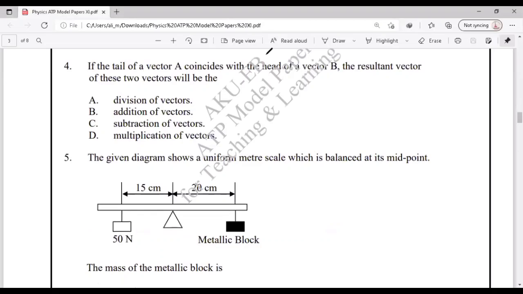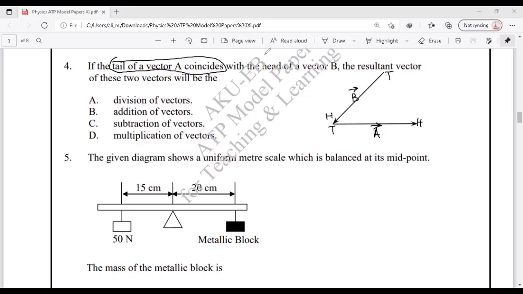Let's come to our question number 4. The tail of a vector A coincides with the head of vector B. The resultant vector of these two vectors will be, so here we have our two vectors A and B. According to the given question, the tail of first vector A coincides with the head of vector B, and we have drawn the vector diagram.